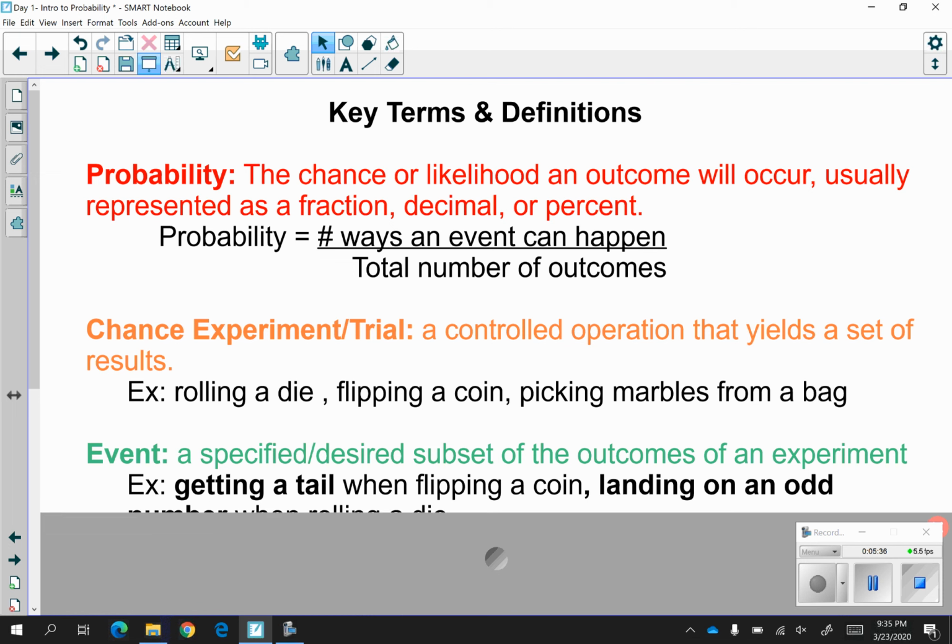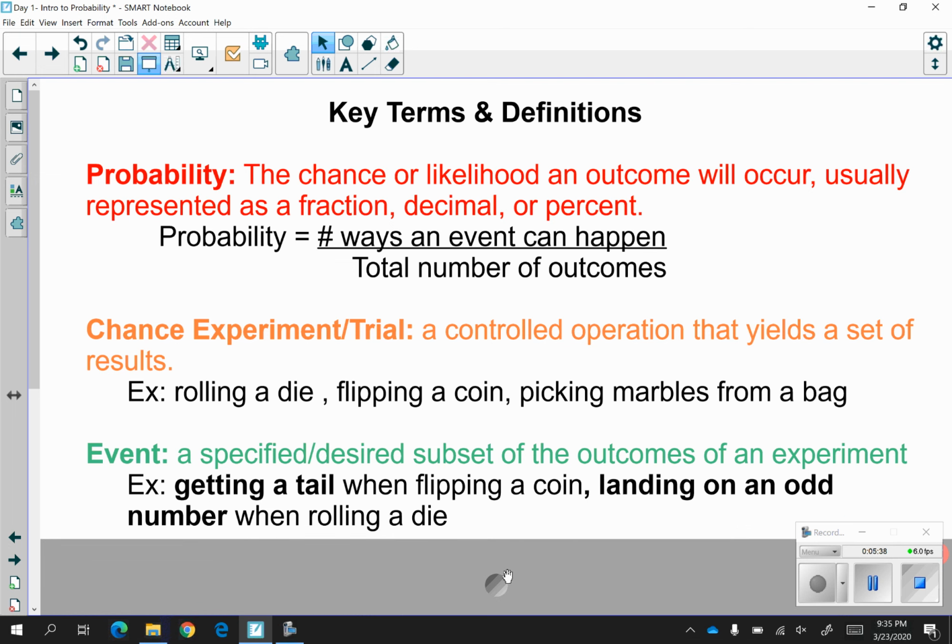Now, an event is a specific or desired subset from your experiment. So whereas rolling a die is your experiment, getting a 6 is your event. Flipping a coin is the experiment. Getting heads is the event.